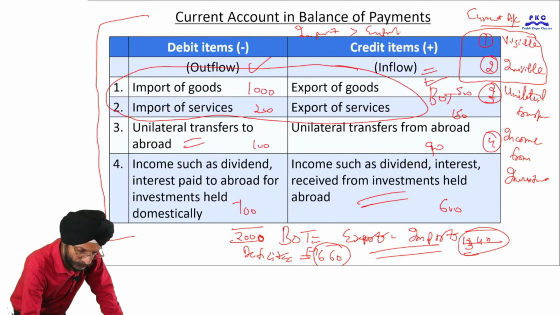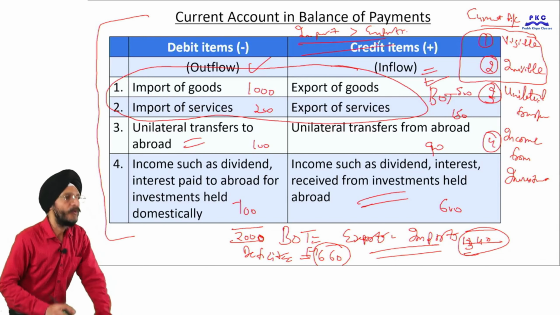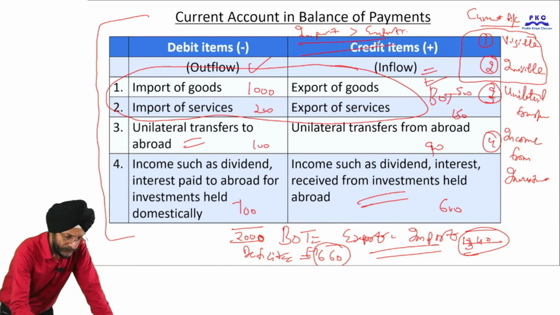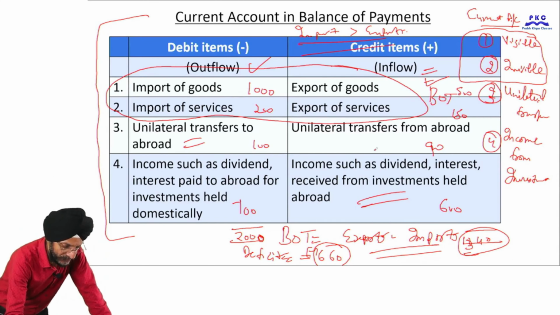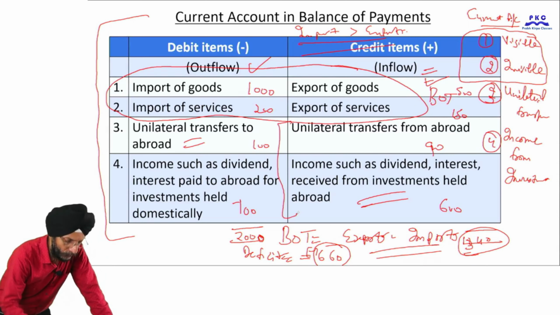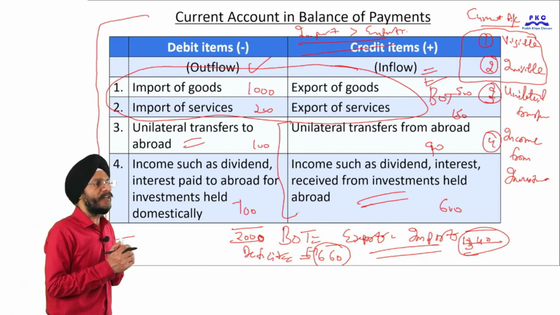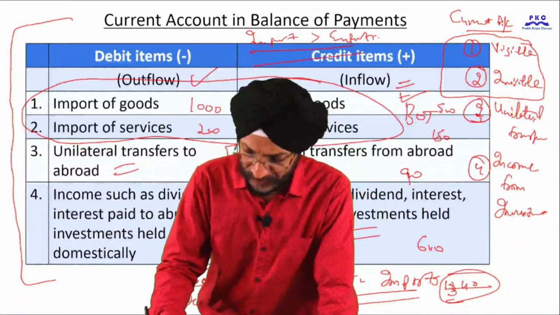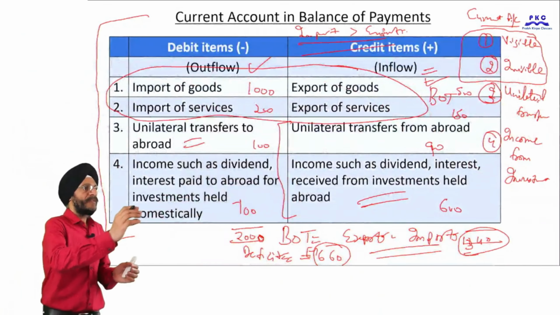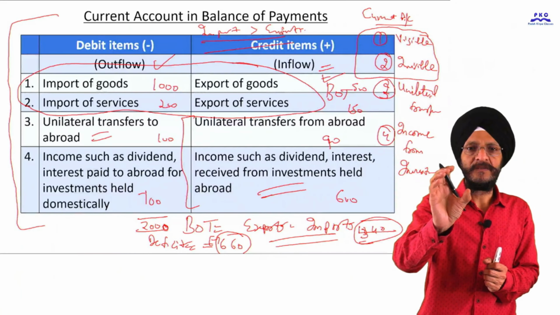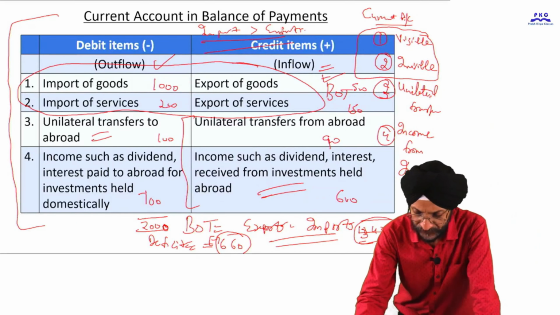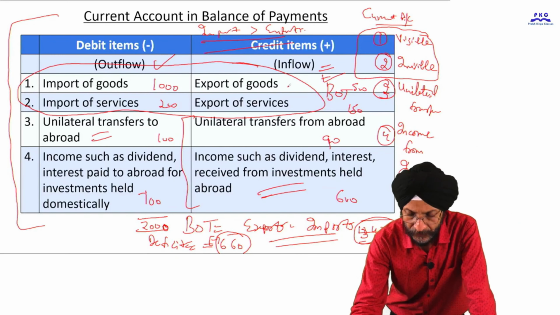We will have to pay. So these two other parts of the current account can play a supportive role in reducing the impact of the deficit of balance of trade.